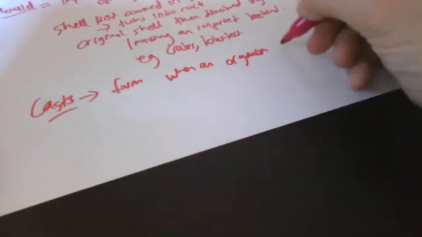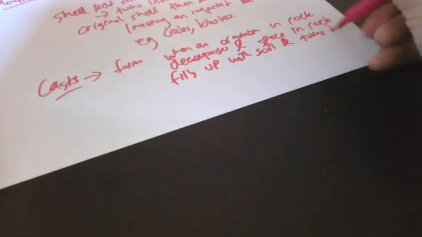Now that's molds. What's a cast? Casts form when an organism in rock decomposes and the space in the rock fills up with soil and turns to rock.